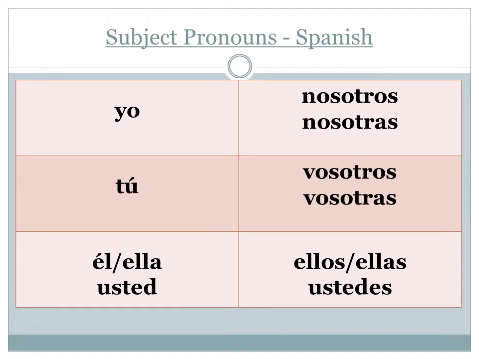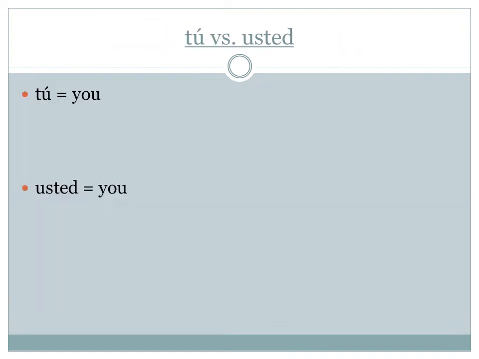Despite the fact that tú and usted mean the singular you, and vosotros and ustedes mean the plural you, they are not used interchangeably. Tú and vosotros are used in a familiar sense, or in an informal situation.